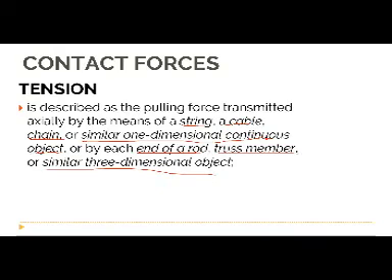So it is described as a pulling force because there is a pulling force applied in each end of this object. There is a pulling force that is applied to the tails of this object. I repeat, a pulling force is applied to each end of this object.